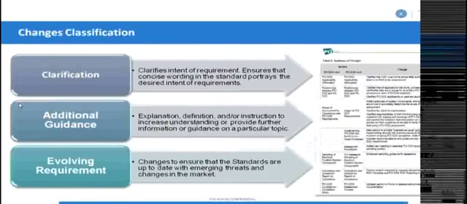All right. Now just trying to get to the changes in version 3.0 as such. If you look at the changes in PCI DSS version 3.0, the changes are classified into clarifications, additional guidance, and evolving requirements. Clarifications is basically explaining the intent of the requirement a little more.